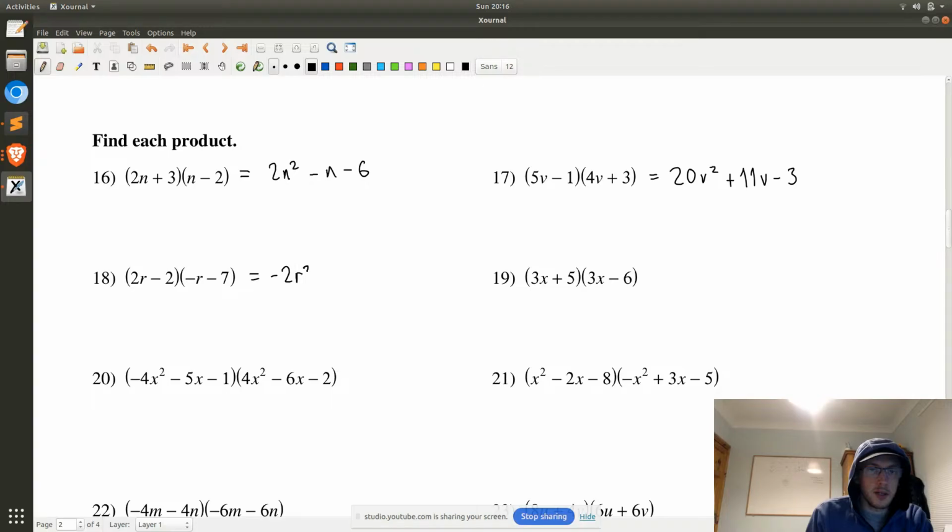Negative 2r squared minus 12r plus 14. 9x squared minus 3x minus 30.